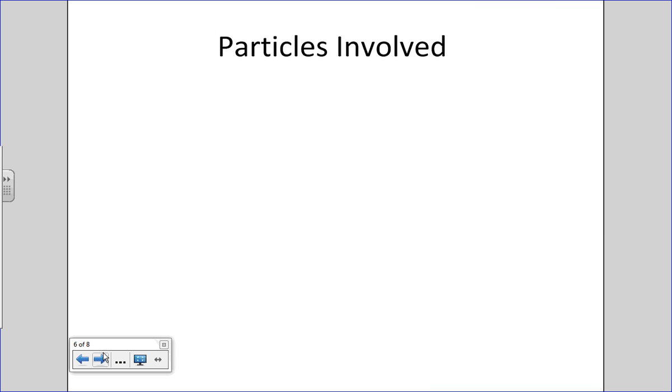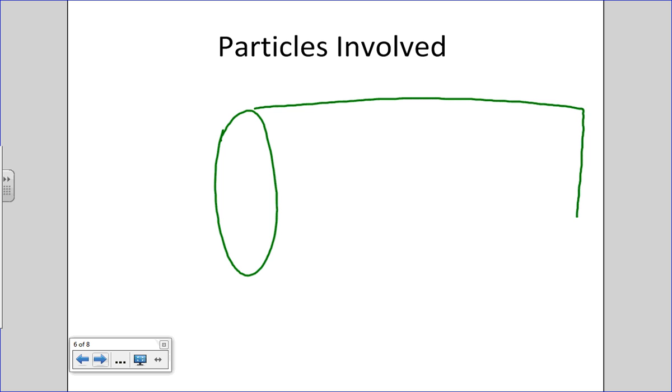Now, the particles or the ions involved, like I said, are primarily going to be sodium and potassium. So we'll go with the axon here. One thing you're going to learn when learning about human physiology is that the primary cation within intracellular fluid is always going to be potassium.